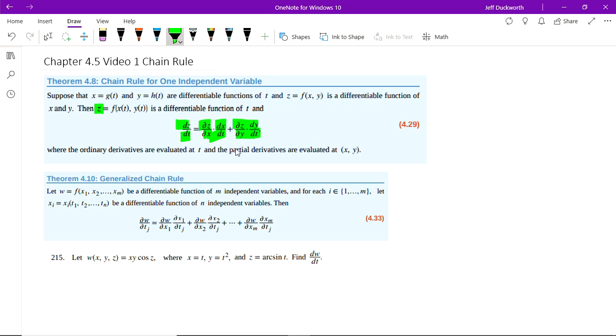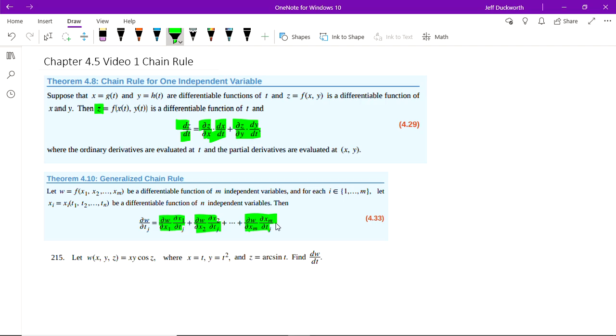So the derivative of the function with respect to y multiplied by the derivative of y with respect to t. And there's a generalized form here where we're pairing up each individual one. So the first variable x1, the second variable x2, all the way to x, they're using m.